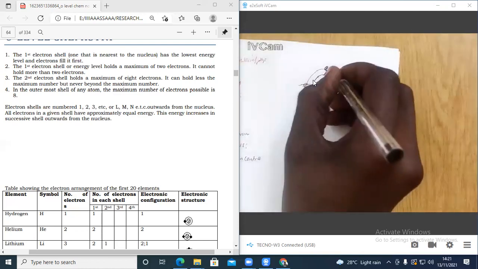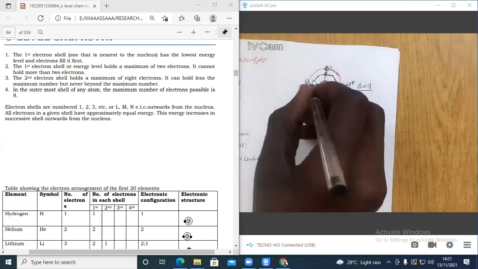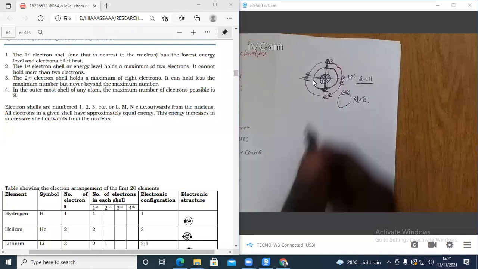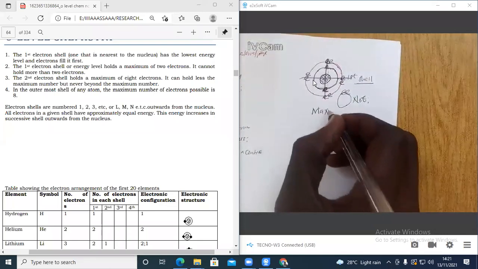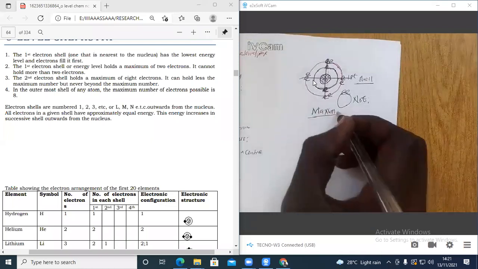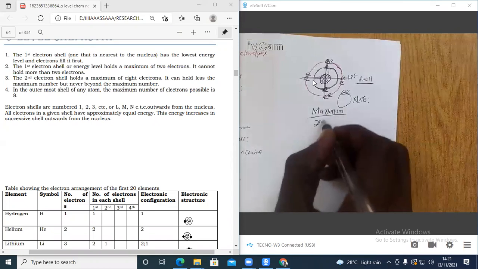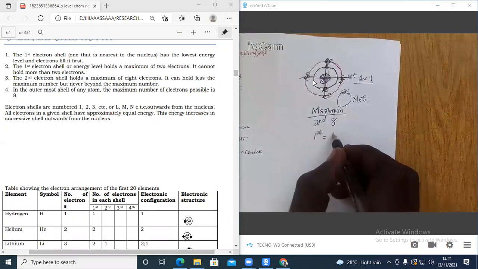We add another four. How many are those? 8. So the maximum number of electrons that can be taken by the second shell is 8. The first shell is 2.